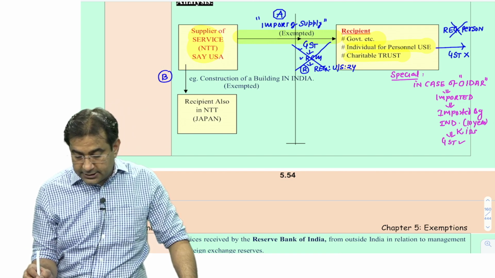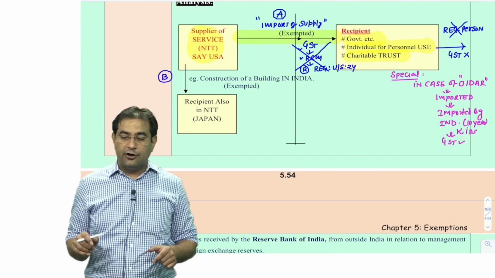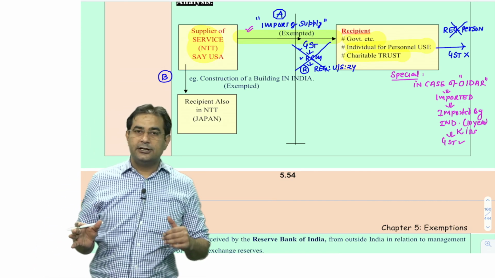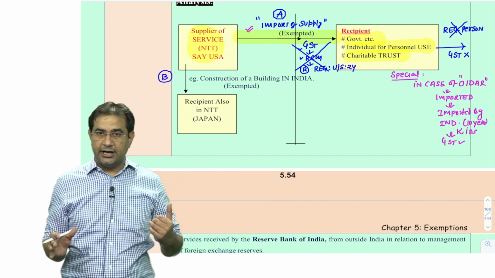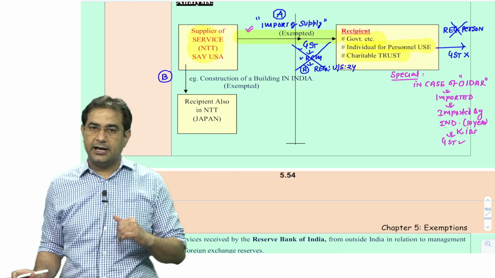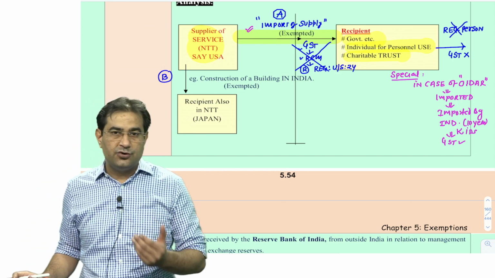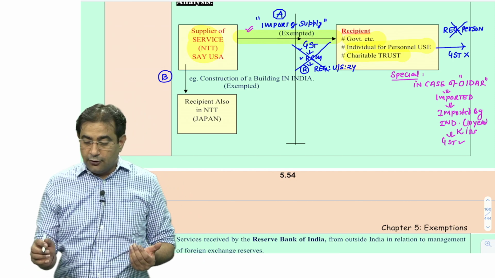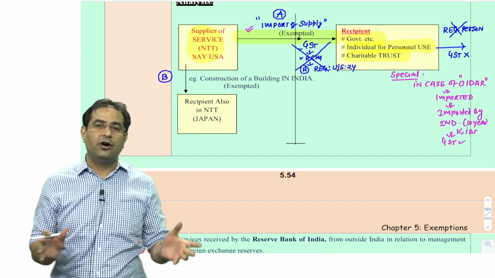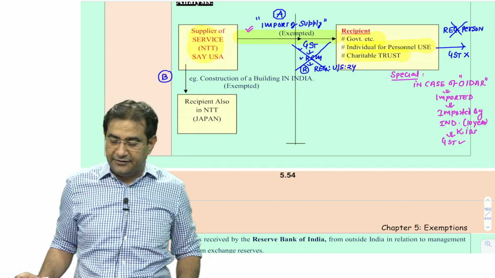But the point is this, now at this moment, one of the exemptions given here says supplier located outside India and recipient in India, and any kind of import of services is exempted. So by virtue of this exemption notification, OIDAR service automatically falls under this exemption, and the dream of the government will definitely be broken.